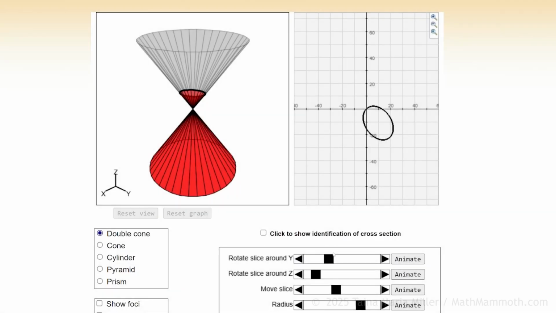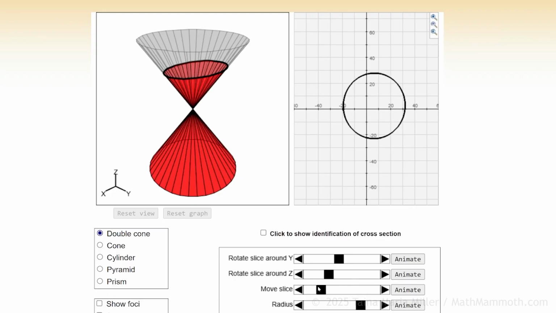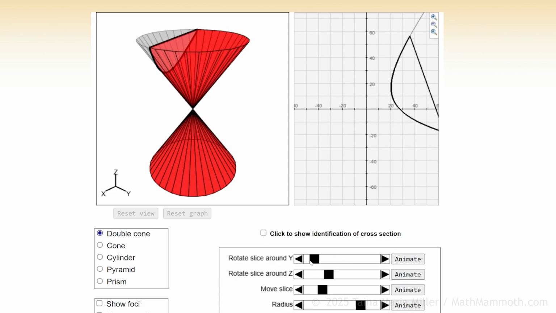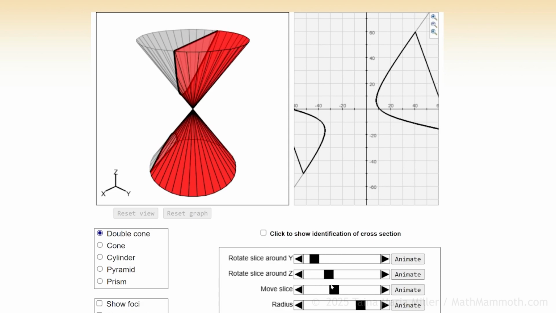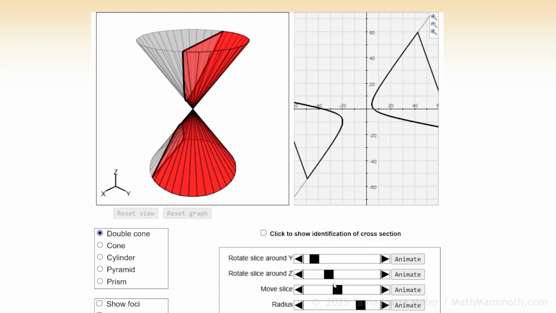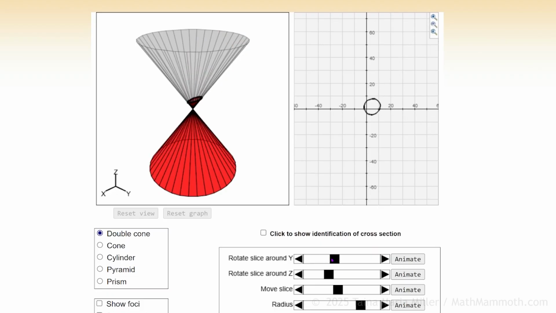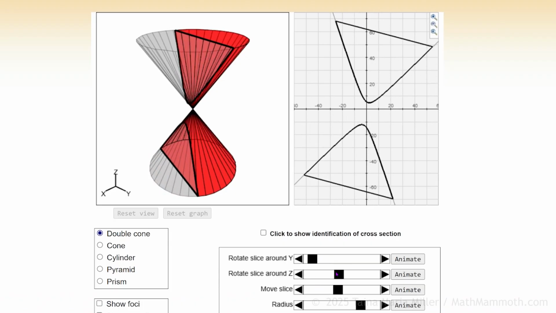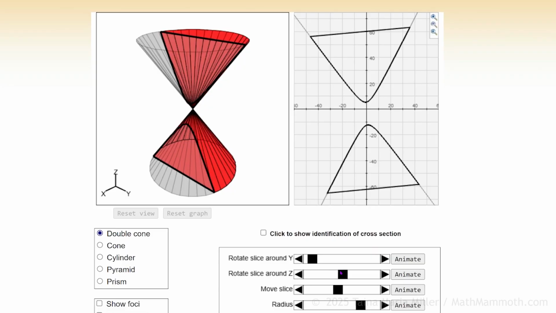And then we have a double cone. It's kind of a similar situation to a cone, except here, where it is cutting both portions, both the upper and lower cone. So then the cross-section is in two parts, like that.